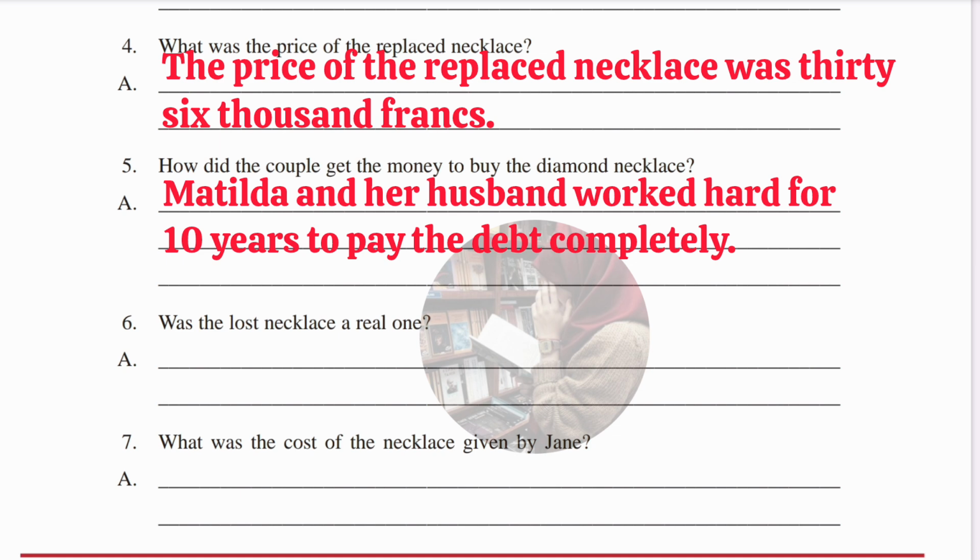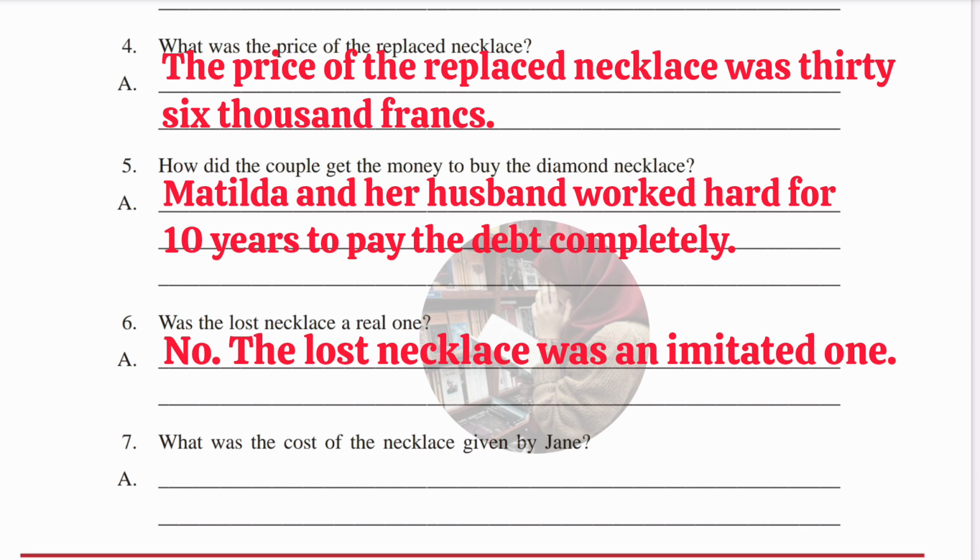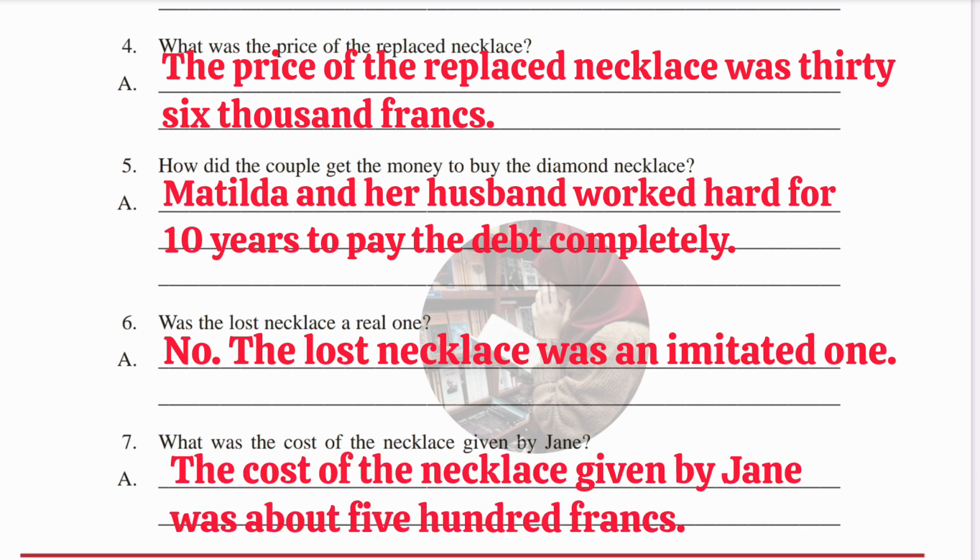Sixth question is: was the lost necklace a real one? No, the lost necklace was an imitation one, means not real. Seventh question, what was the cost of the necklace given by Jane? Answer: the cost of the necklace given by Jane was about 500 francs.